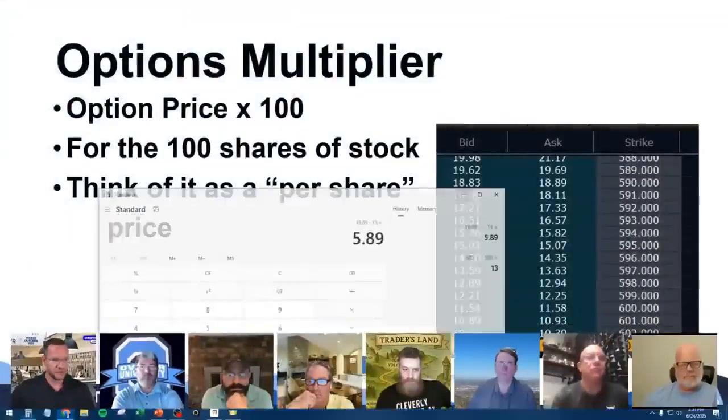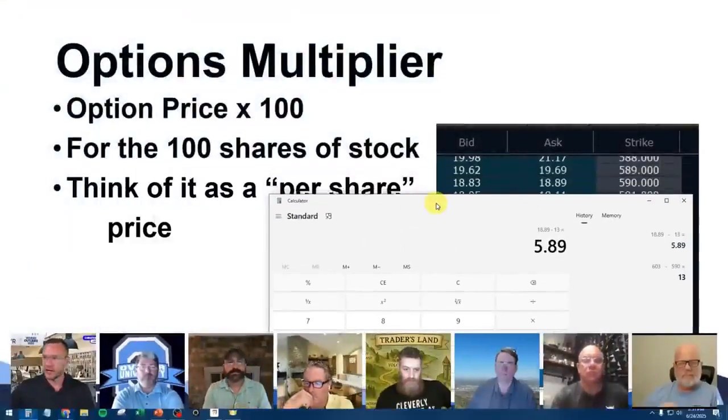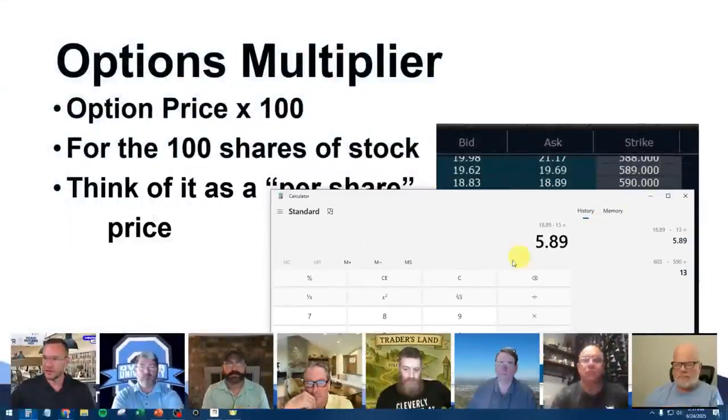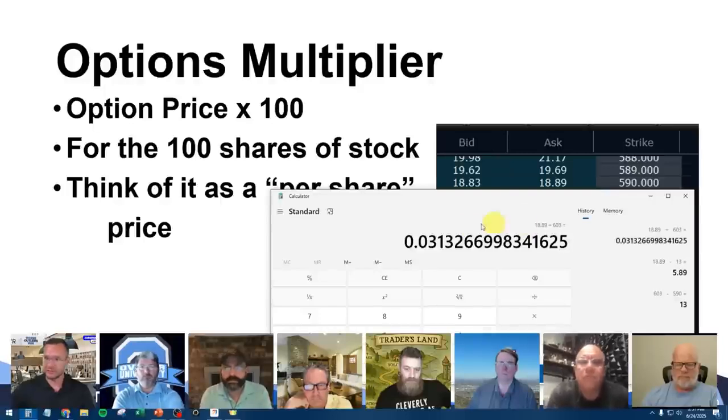Now let's do the math on this one. Let's do the 590 strike again. $18.89. The current price of the stock is $603. That means we're only paying 3% of the stock price per share. This blows people's minds. And this is what Larry Hite loved.